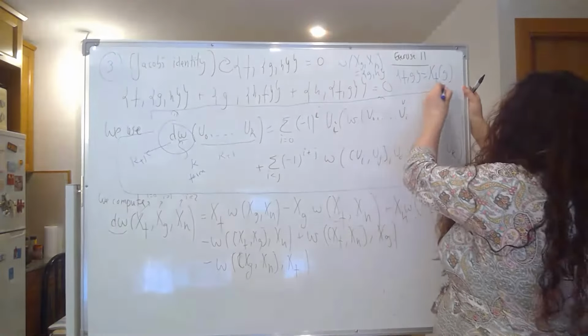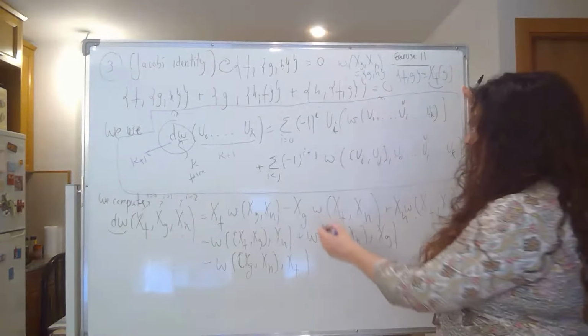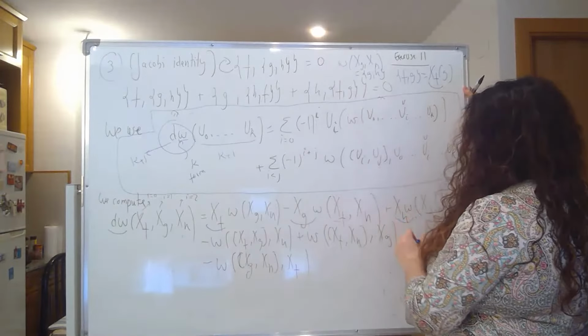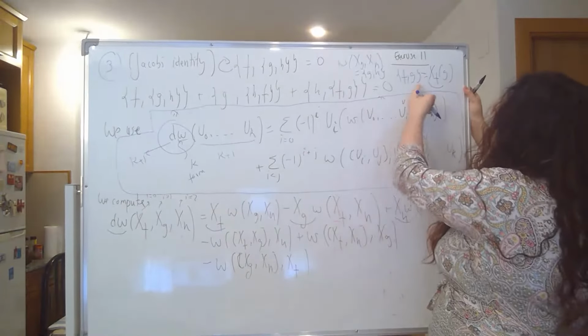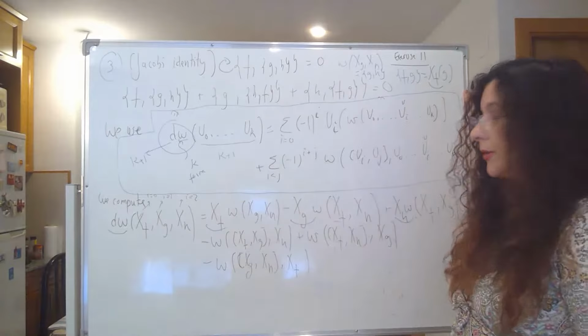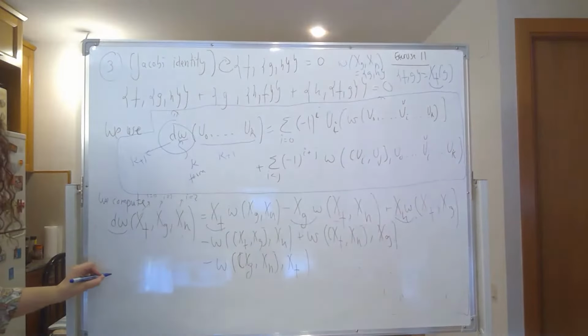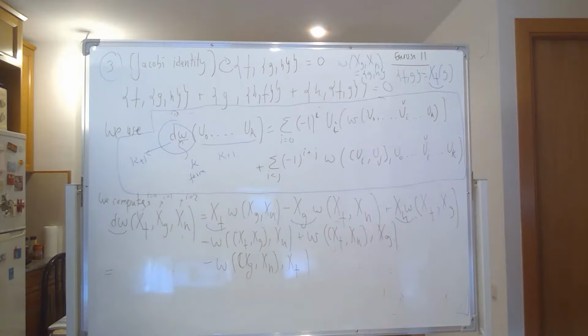So each time you have a vector field deriving, like here, here, and here, you can write this indeed as a Poisson bracket. Okay? So I'm going to translate this. That's the first thing I need to do.